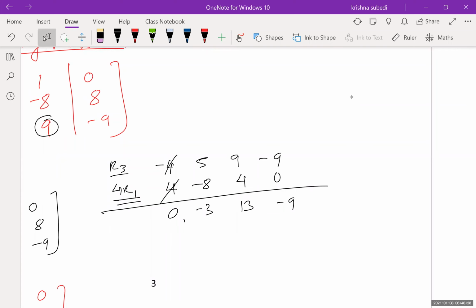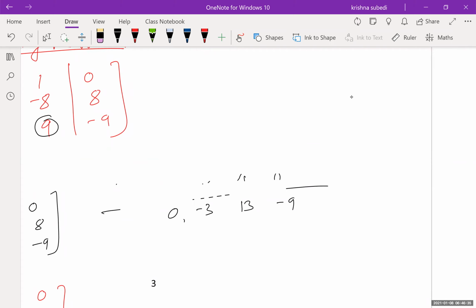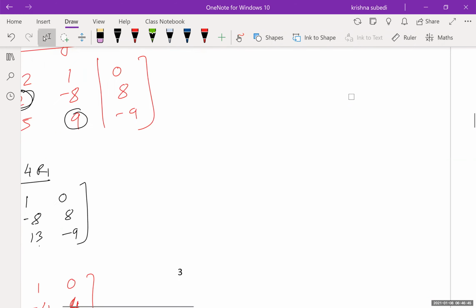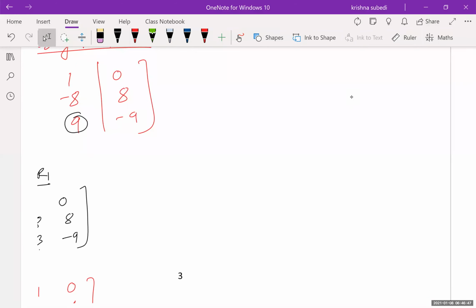Yes, Harmanjot, do you have any question? I just want to ask, if we take the 2 common from the second row, then we also have to multiply the entire matrix with that one? No, no. That's the beauty. You don't have to multiply. Remember, what we did here is dividing by 2.